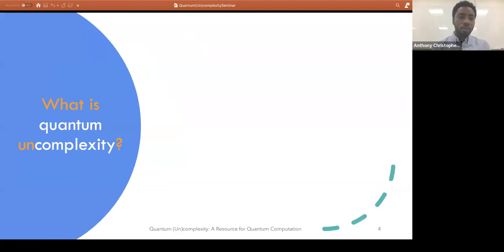Okay, so now we've discussed what quantum complexity is, and we want to know what is uncomplexity. Really, uncomplexity is just the lack of quantum complexity. Now you might ask, how can I quantify the lack of complexity if I don't have a maximal complexity? What we have to establish first is by a counting argument.